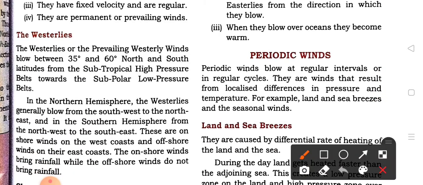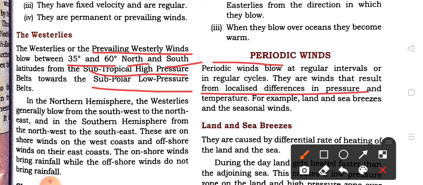The westerlies are the prevailing westerly winds that blow from 35 to 60 degrees north and south in the hemispheres. This wind also blows from the subtropical high pressure belt to the subpolar low pressure belt. That means this is the equator and this is the subtropical high pressure belt. After this comes the subpolar low pressure belt.